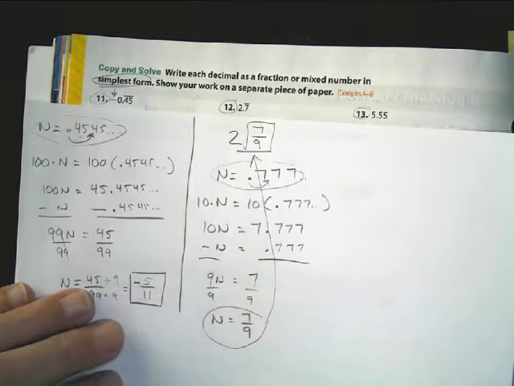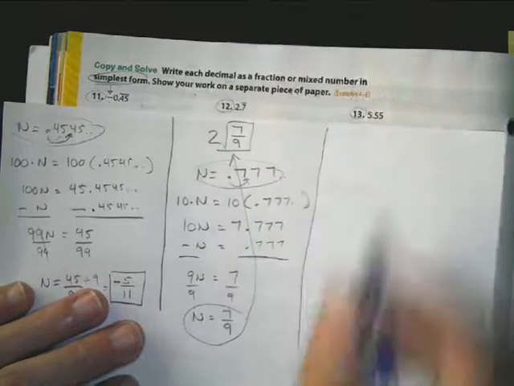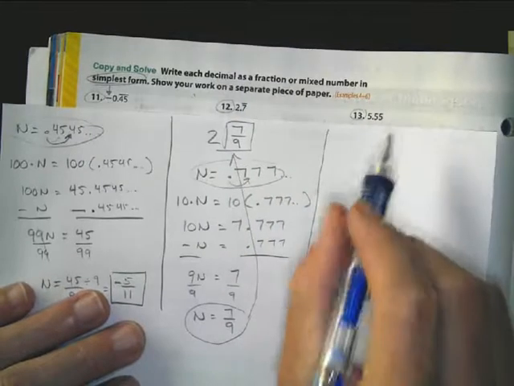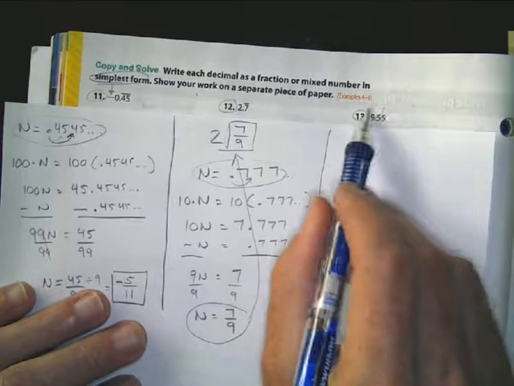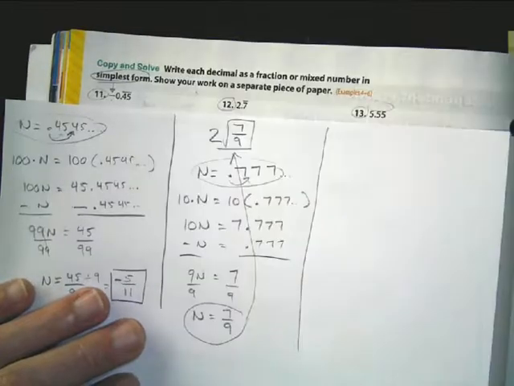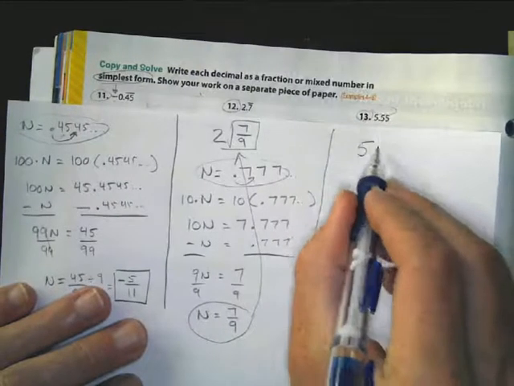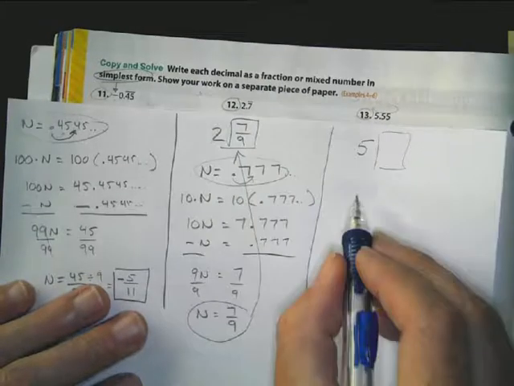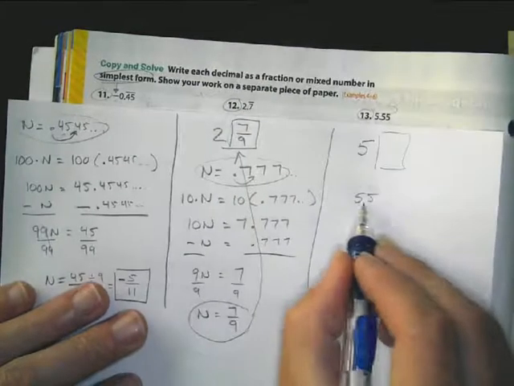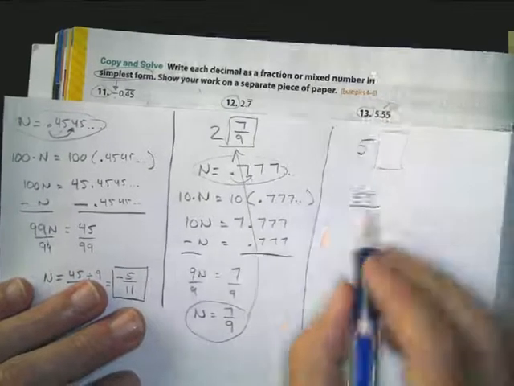On number 13, this one's here simply to trick you. It wants you to think this is repeating, but do you see any repeating bar over the top of that? No, there is not. So I know that I'm going to have a 5 as my whole number answer, but I need to figure out that fraction component. This is simply 55 over, not a tenth, but over 100.